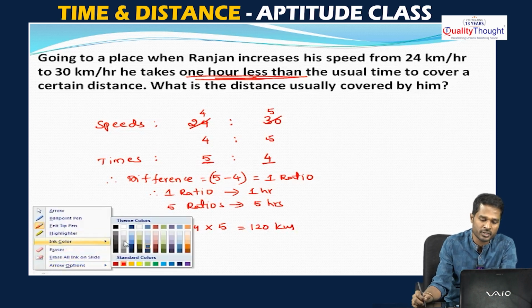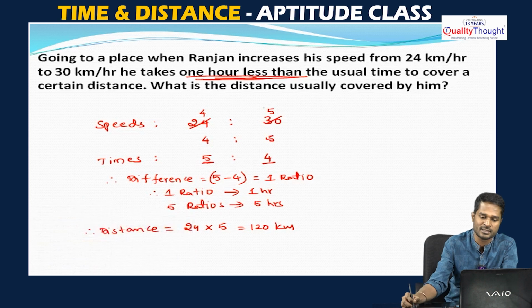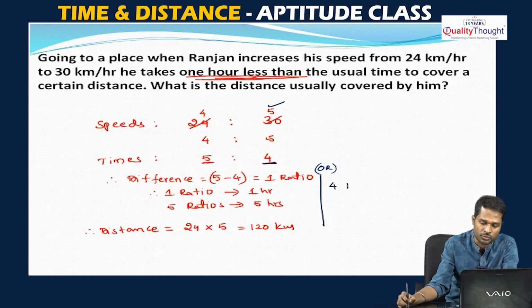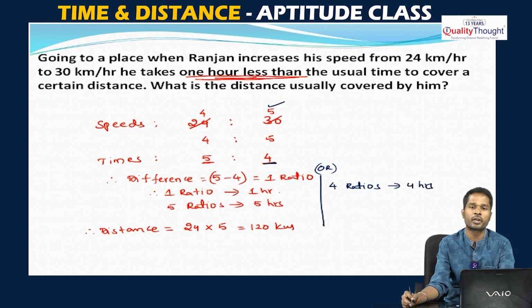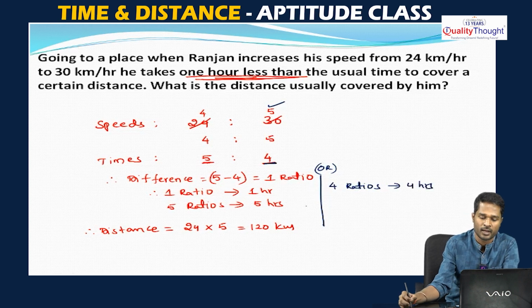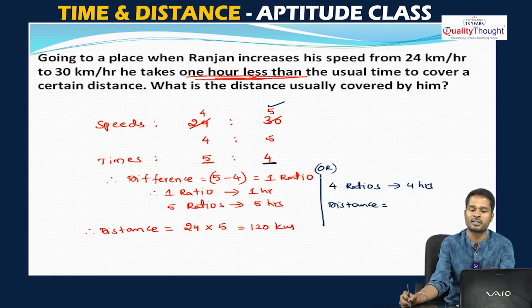Otherwise, the question can also be solved by taking the second scenario. Let's see that. The difference of 1 ratio is 1 hour. Now I will take this 4 hours. So 4 ratios is 4 hours. The total distance travelled in these 4 hours is the distance required.